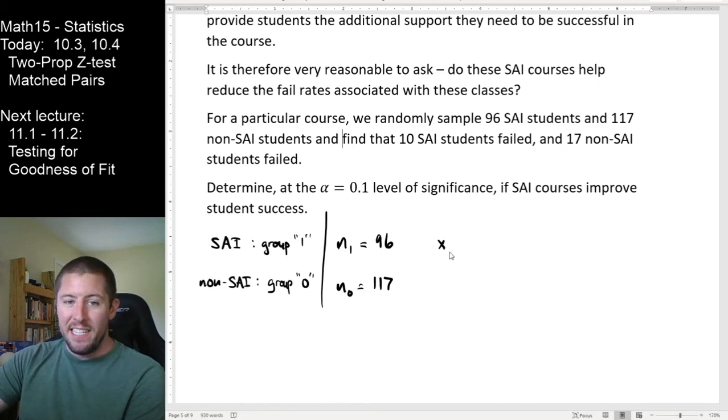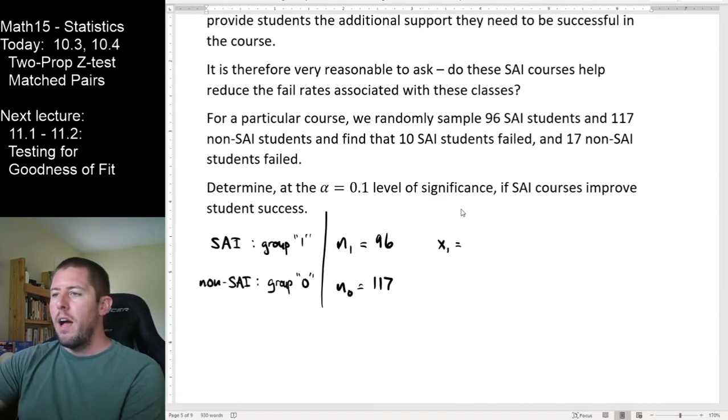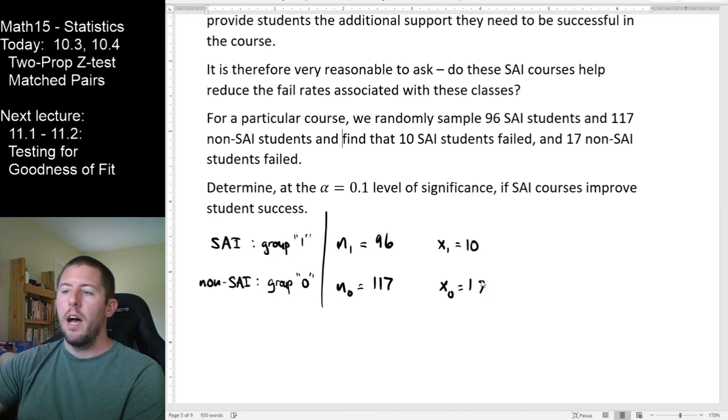So in a sense, this is a weird version where we are considering failing the class statistically to be a success. We're saying, did they fail or did they not fail? And so here, my number of failed students, that's my number of successes, is 10. And in the non-SAI group, we had 17 that failed.